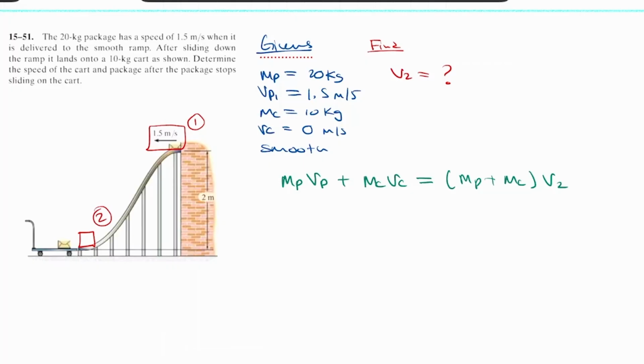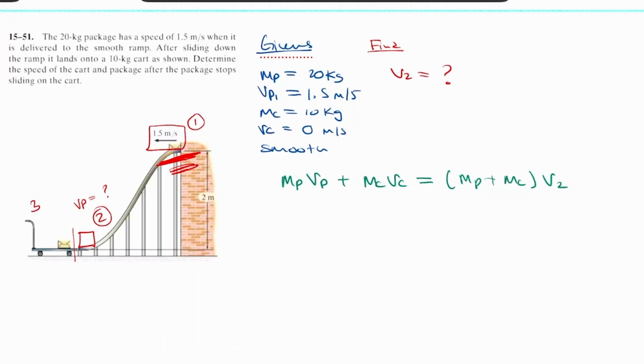Because notice, since it's high, it's not going to be this velocity that we are going to be using. That's the initial velocity that the package starts at the top of the ramp. But once it falls down, it's going to gain some speed due to the height difference. So we need to figure out what is the velocity of the package here, just before it enters the car.